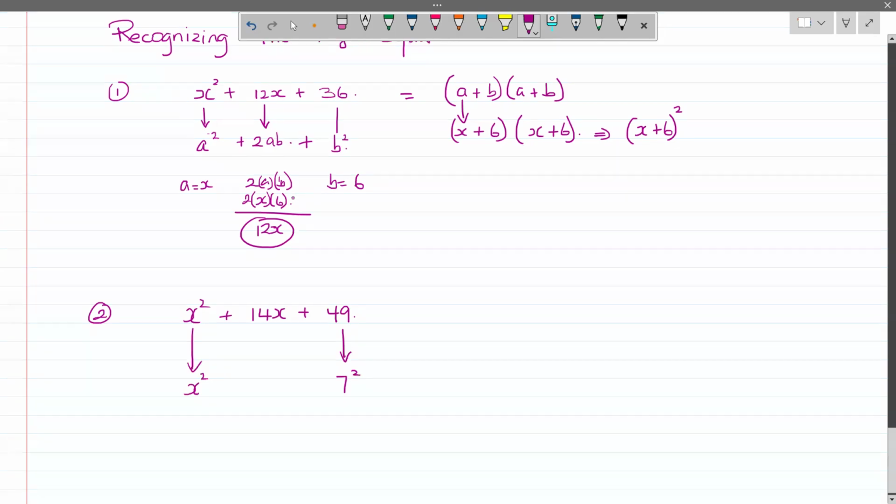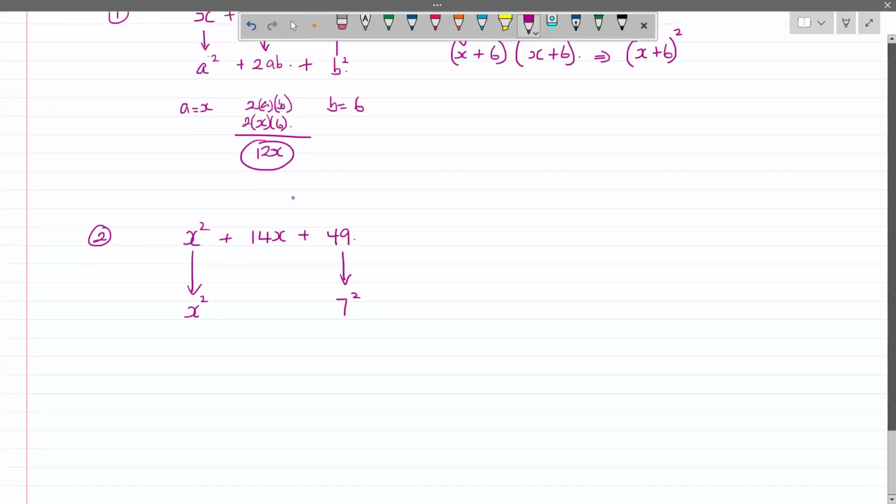It means, therefore, that if this is a squared and this is b squared, then a here is going to be x and b here is going to be 7. And if I check in the middle, 2ab, and I get 2 by x by 7, and I get back that 14x, we know that this is a perfect square. So to factorize this, we know it's going to be x plus 7 by x plus 7.